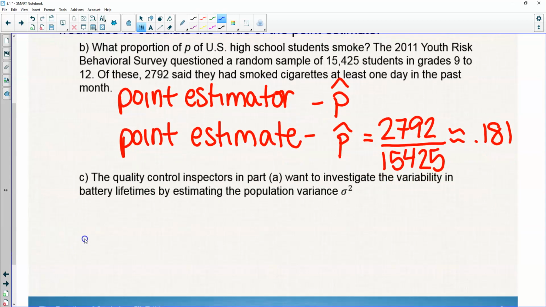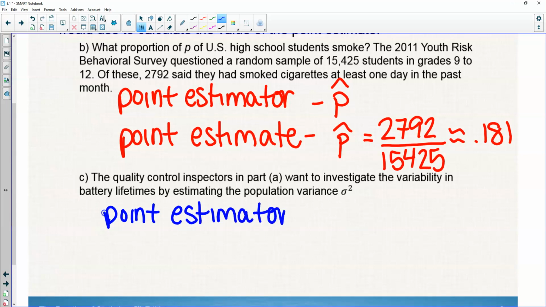Okay, if we're looking at the variability of the battery lifetimes that we did in Part A, we put all that data into our calculators. If we want to estimate the population variance, so our point estimator, since we're trying to find population variance, would be our sample variance, which is s squared. And then our point estimate, we'd have to calculate s squared.